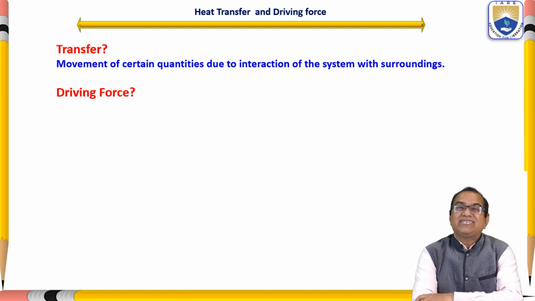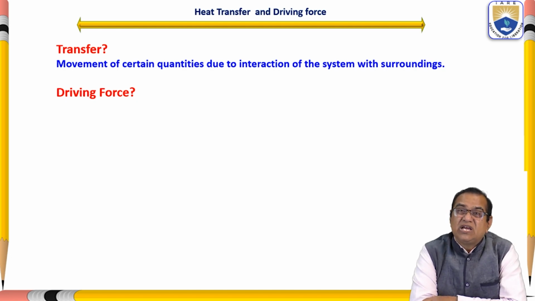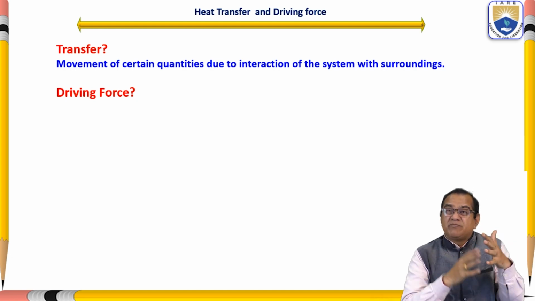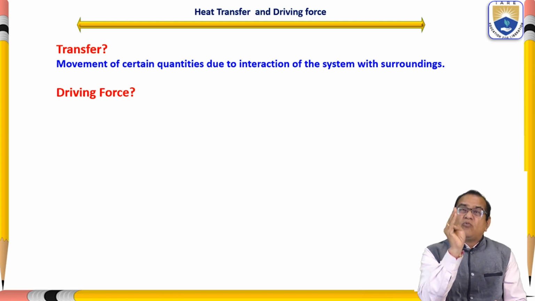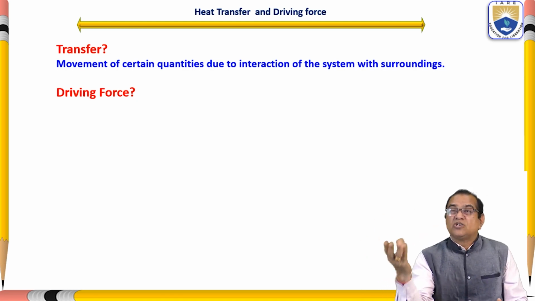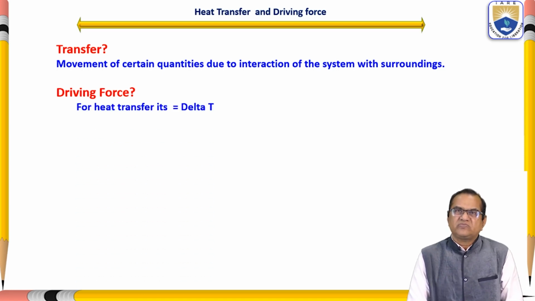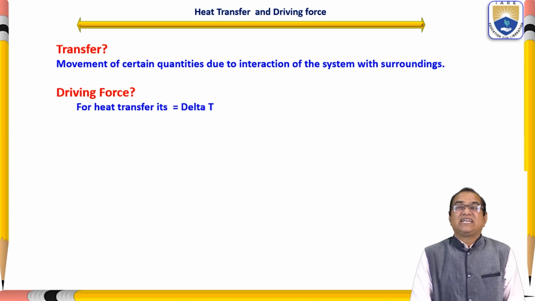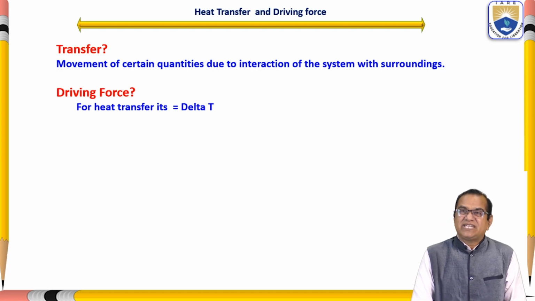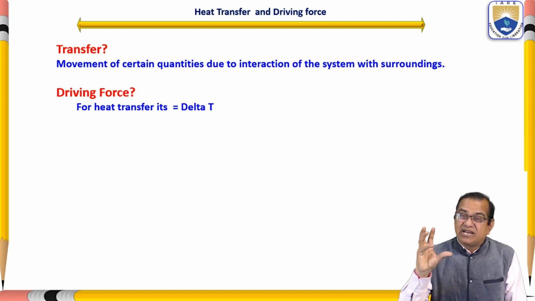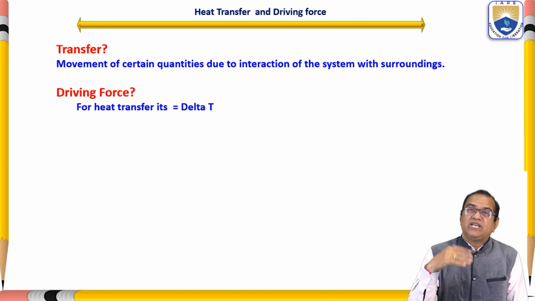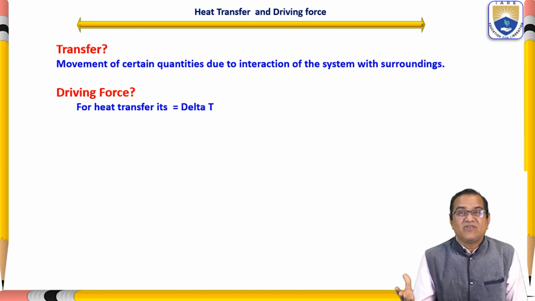And if we are transferring heat, then we say it is heat transfer. So what is the driving force? Next, we have to see what makes it transfer from one point to another. That force is called the driving force. For heat transfer, it is delta T. If it is heat transfer, it is a temperature difference; only then will heat transfer take place.